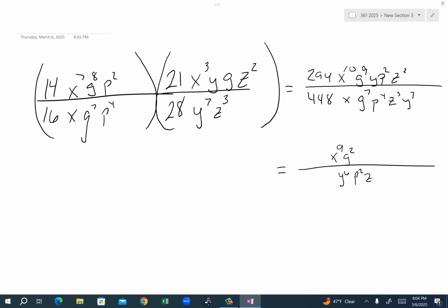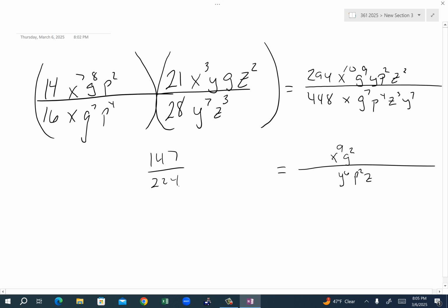Sweet. And now, what goes into 294 and 448? Well, you know 2 does. So that's 147. I'm going to do it over here just so I don't waste time. And then 448 divided by 2 is 224. Obviously, 2 doesn't go in anymore.